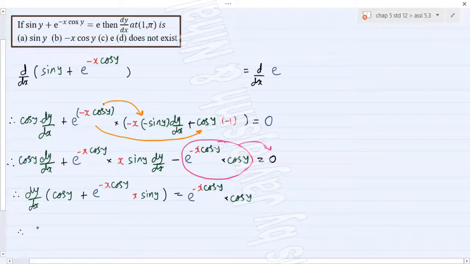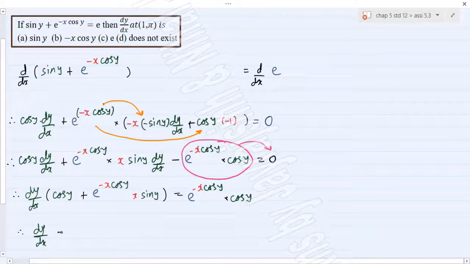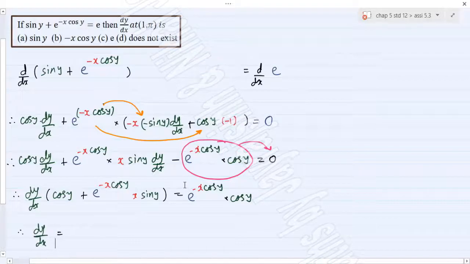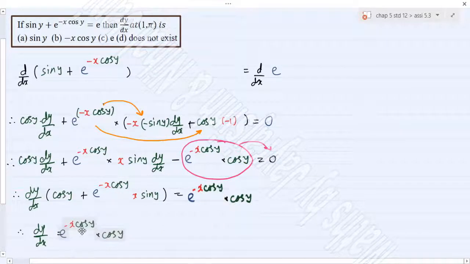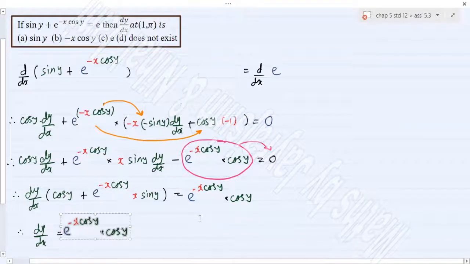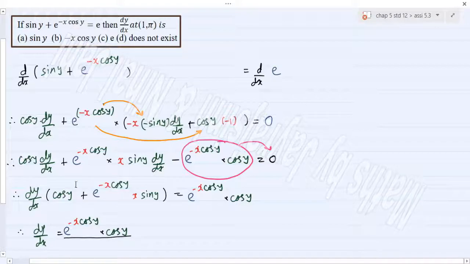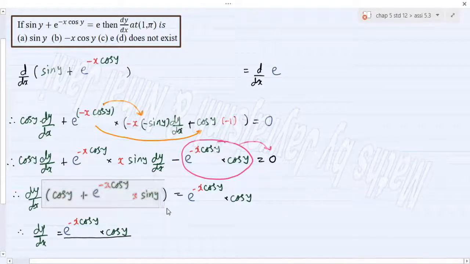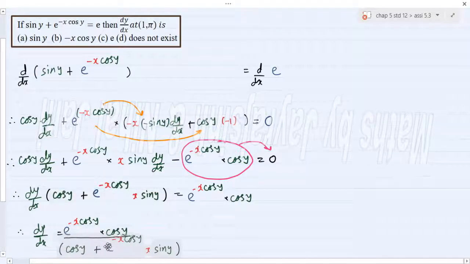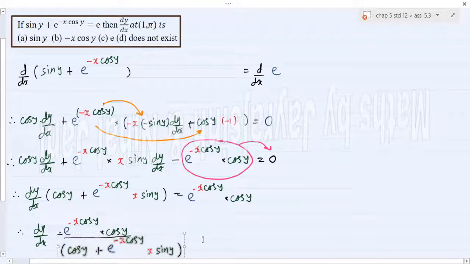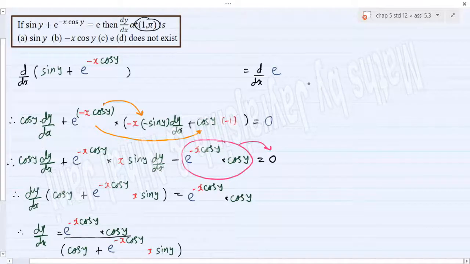So finally, we get our dy by dx, which is equal to, in the numerator, e raised to minus x cos y into cos y, upon the whole term which is multiplied with dy by dx will go in the denominator. But we need dy by dx at the point (1, pi).